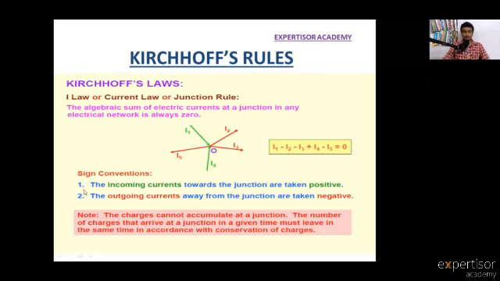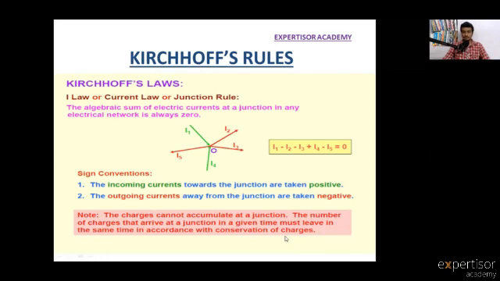See the note point. The charges cannot accumulate at a junction. The number of charges that arrive at a junction in a given time must leave in the same time, in accordance with the conservation of charge. What is the meaning of conservation laws?